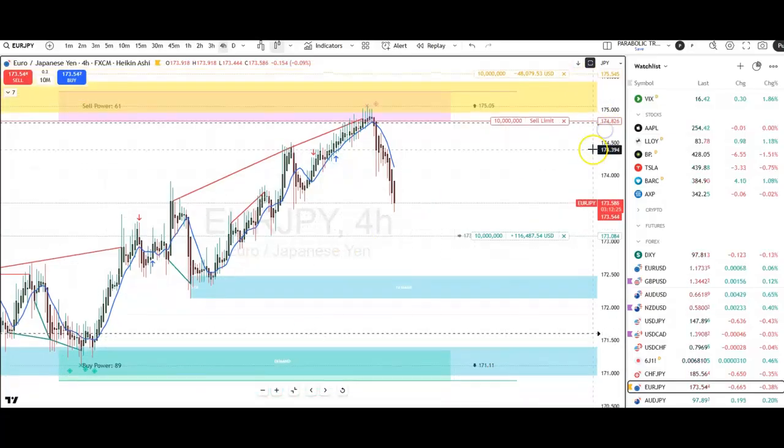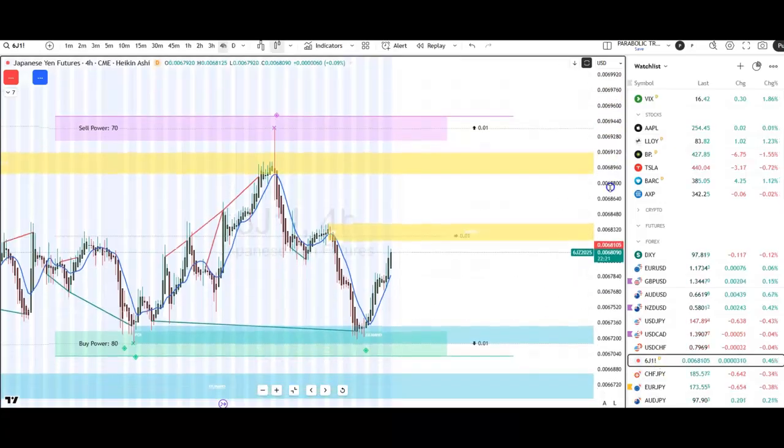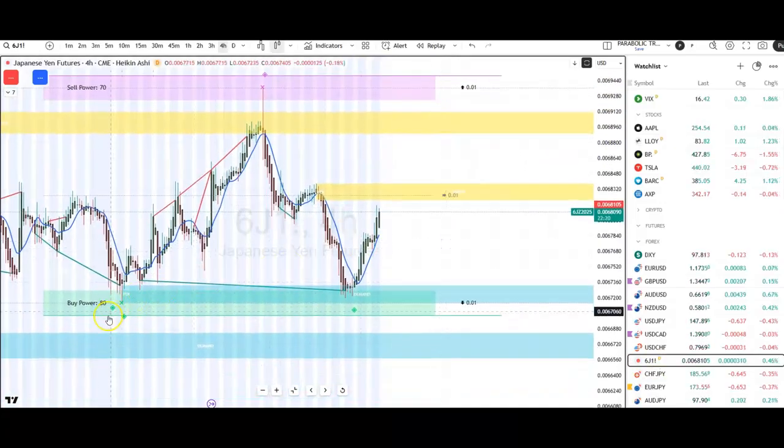Just flicking down now, so let's have a look at the yen futures, which is going up for the moment. The buy power 80 as mentioned yesterday, so all the yens will be going down. That's the way it works. We do have a long position on the New Zealand yen. I'll cover that in the next few minutes, and that will be going against us, but there are good reasons for this.